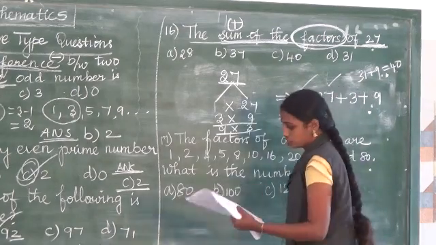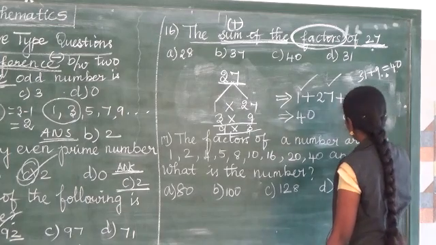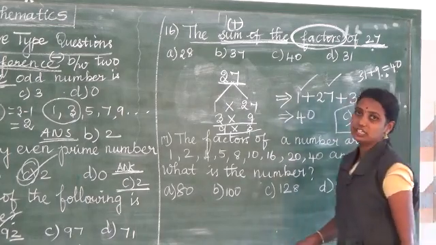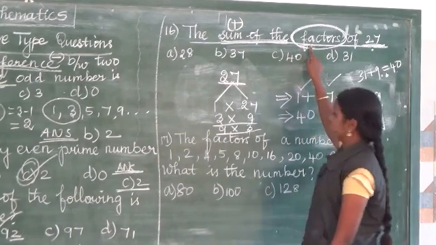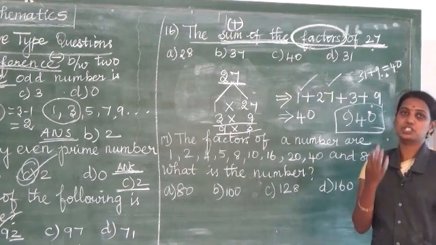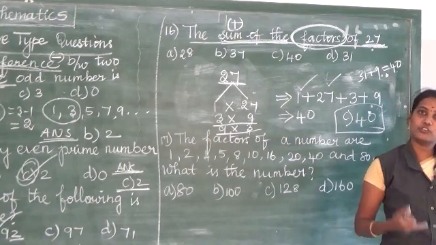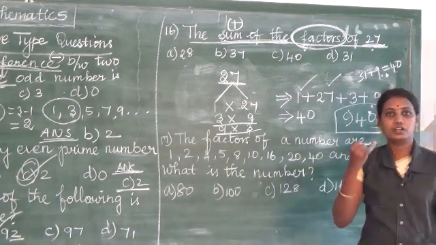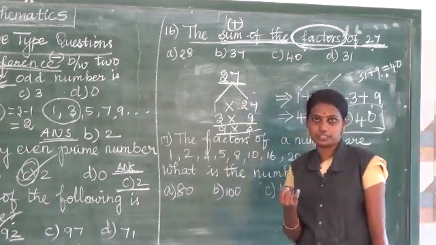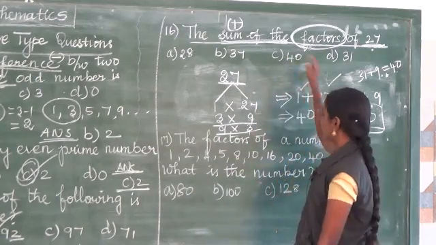The answer is option C. Once again I recall about it: the question is about the sum of the factors, so don't follow the prime factorization method here. Factors means the number itself and 1 are factors. If you go for prime factorization, you cannot say 1 is a prime factor, because 1 is neither prime nor composite. The question is factors.